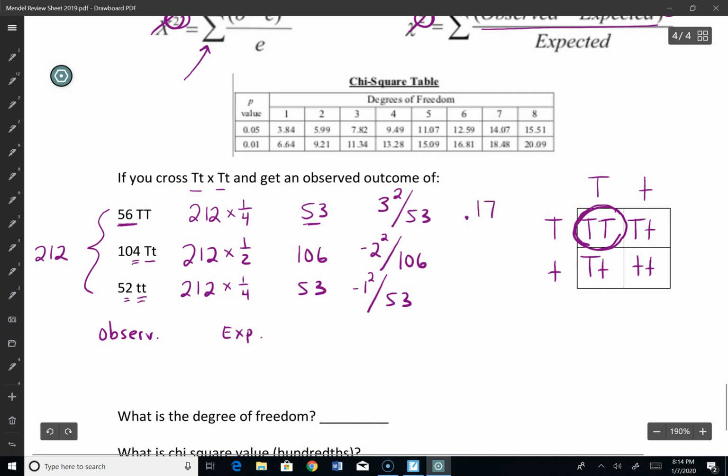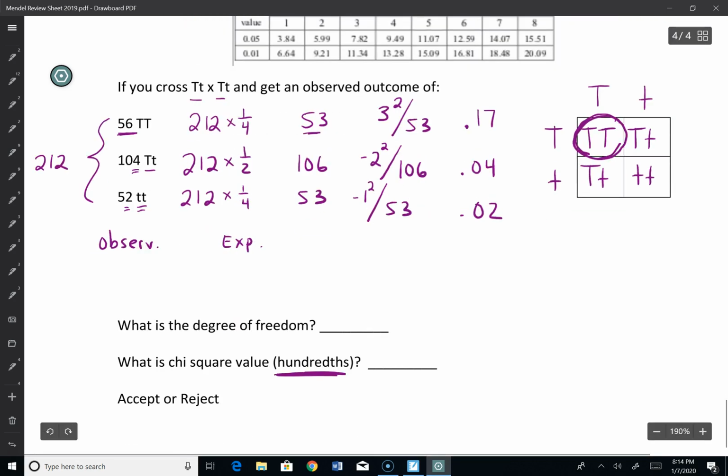The next one is going to be negative 2 squared, which is really 4, and 4 divided by 106 equals 0.04. And then this one here, negative 1 squared, which is 1, divided by 53, is going to be 0.02. So if you add all these up, you're going to get a total of 0.23. That's your chi-square value.